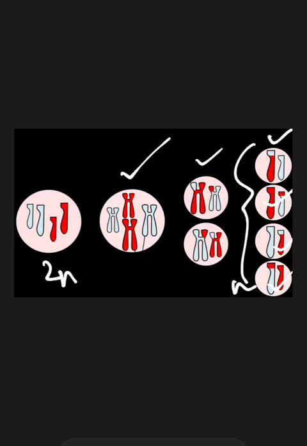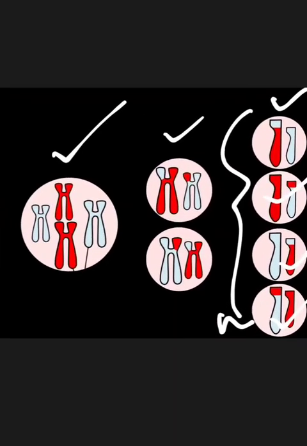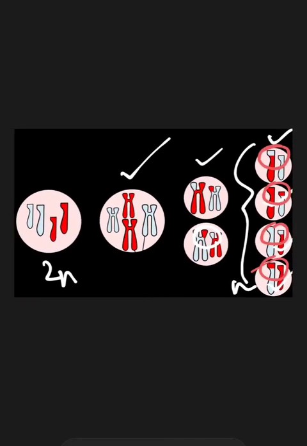In meiosis, genetic recombination takes place by crossing over. If you can see, crossing over has taken place here and also here, and as a result genetic recombination takes place, and thus new varieties are formed.